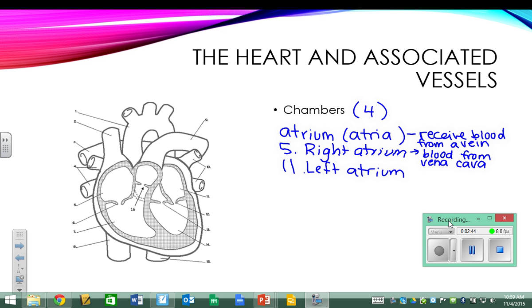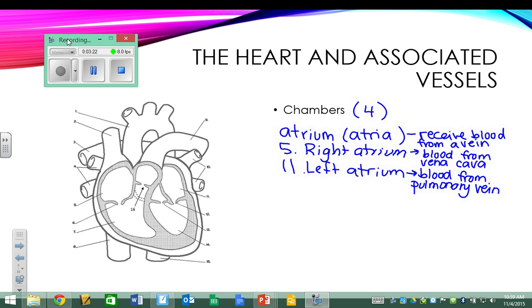The left atrium gets blood from your pulmonary vein. So a lot of what's happening in your heart is the direction that blood is moving, and that's one of the last things that we'll talk about in terms of what your heart is doing. So we have the atria, plural, your right atrium, which is number 5, and your left atrium, which is number 11.